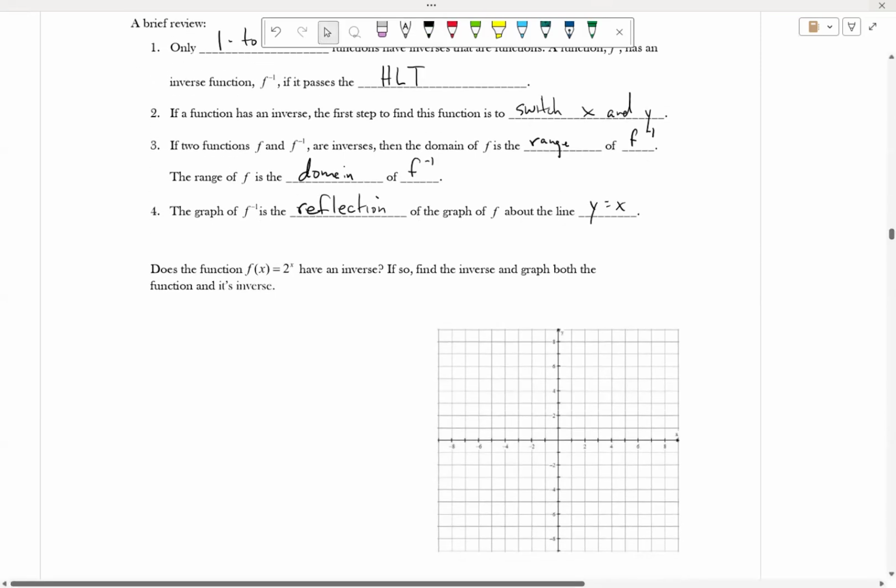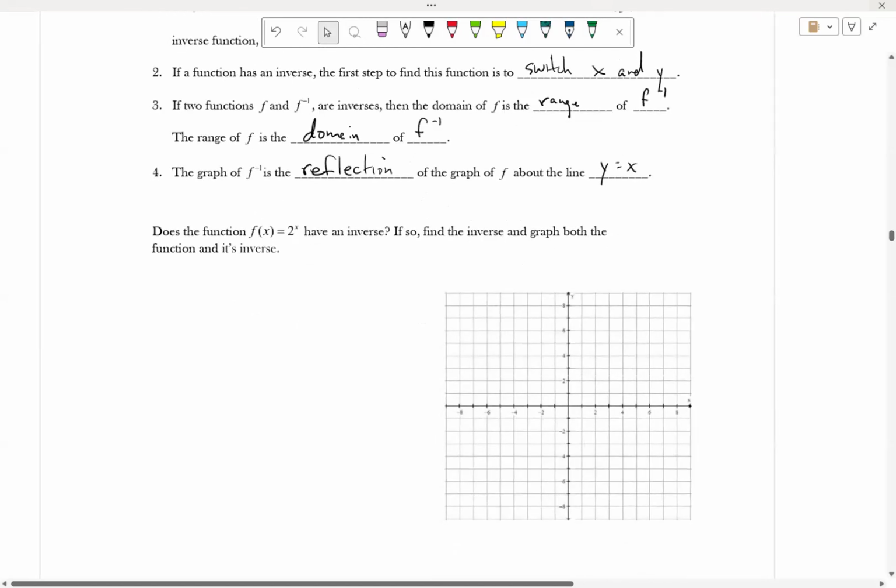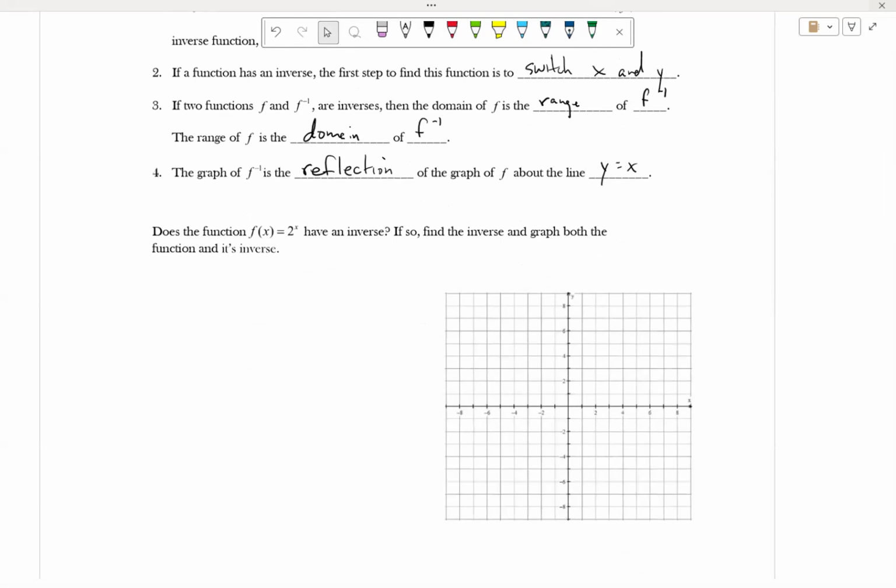Does the function f of x equal to the x have an inverse? How do we know? Are you sure it's one-to-one? How do we know?